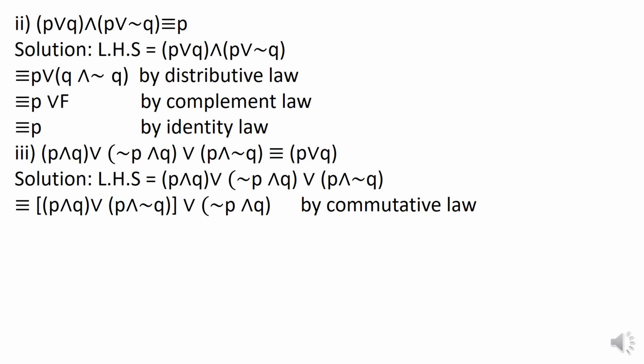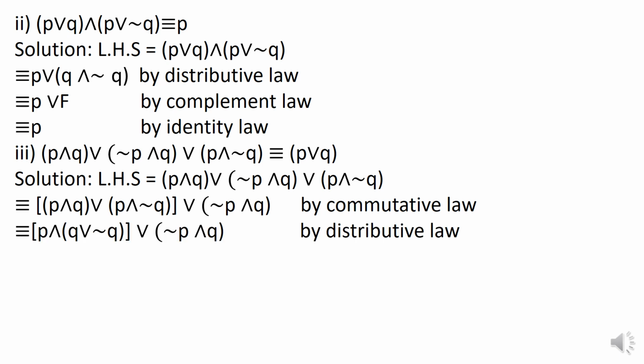Now in the first two brackets, we observe that P and is common. So just like the previous sum, we take P and outside as common and write the remaining part like so. So we get P and (Q or not Q), or the last bracket is written as it is, (not P and Q). This is done by distributive law.